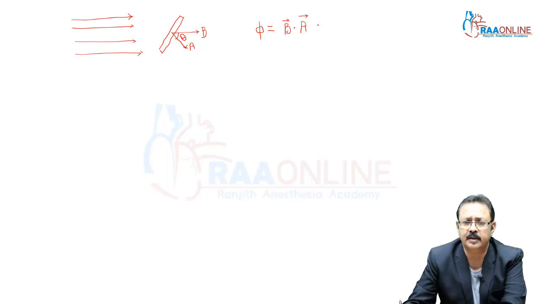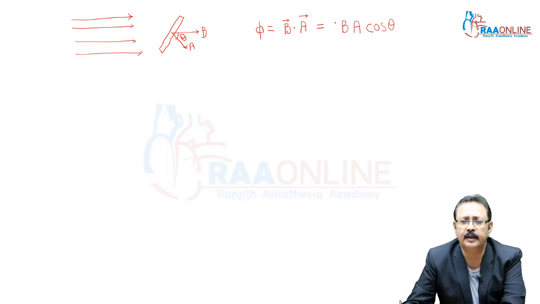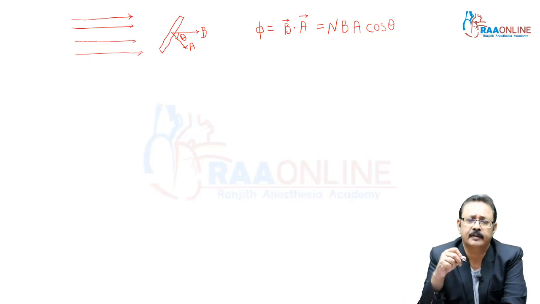B dot A means phi depends upon 3 factors: area in which we place the coil, magnetic field, and angle. If there are n turns in a coil, flux linked with each coil is this, so total flux will become n times this.